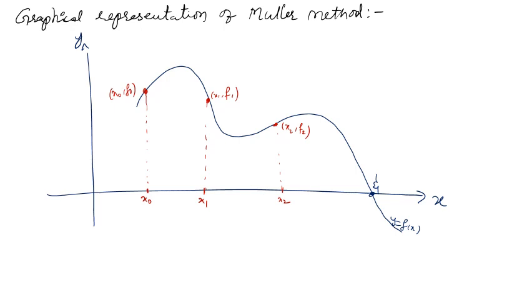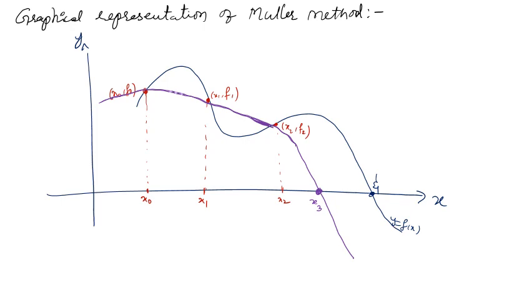Now join these 3 points by a curve or straight line, which cuts the x-axis at the next approximate root x3.